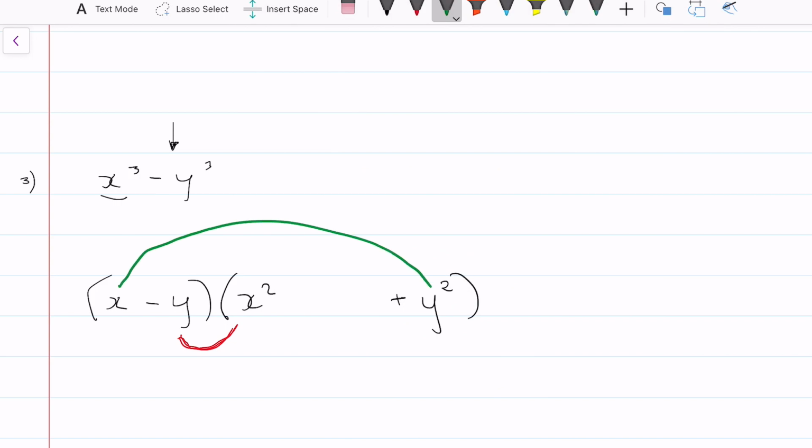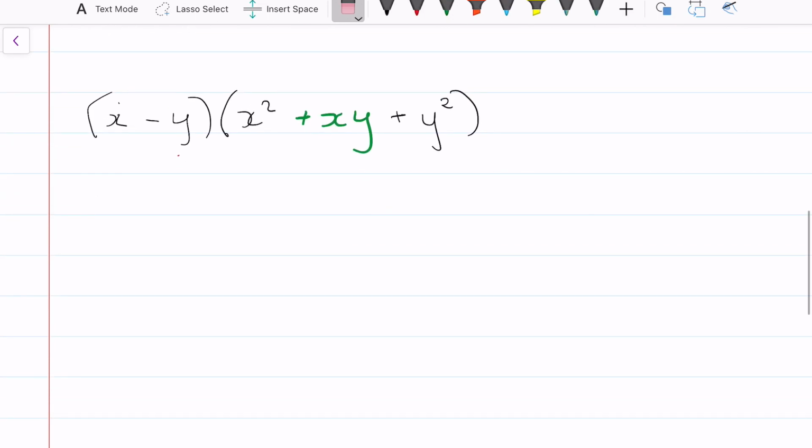The outer two terms give me a positive xy squared, so I need a negative xy squared. So now I need to see what, when multiplied by the other term, which is my minus y, gives us this negative xy squared. And it's going to be a positive xy. So we come to the same answer using both methods. So that's our answer.